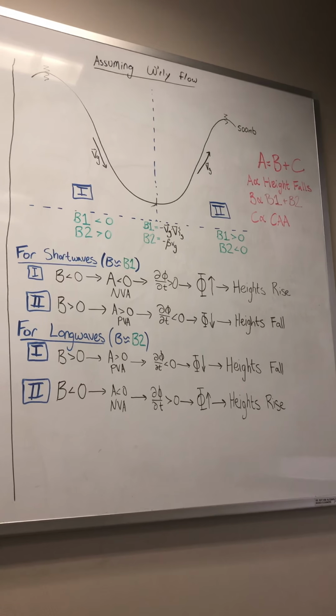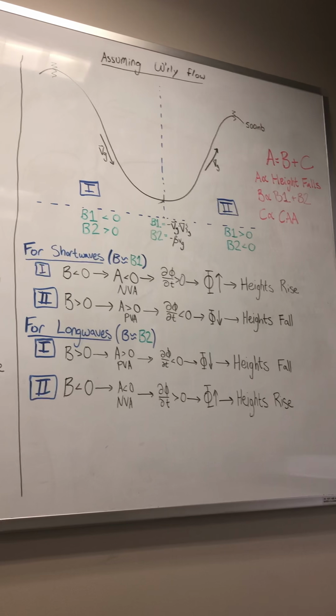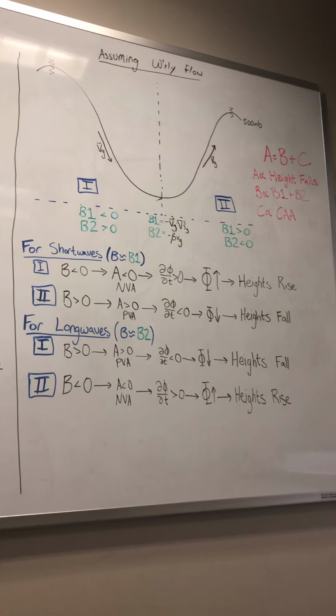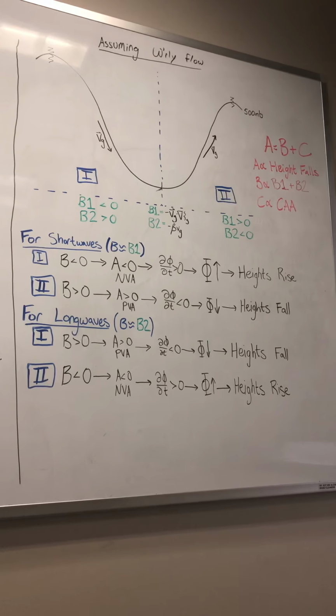Whereas planetary vorticity advection, the B2 term, is positive upstream of the trough and negative downstream. For short waves and long waves, we saw last lesson that B could be approximated as either B1 for short waves, in which relative vorticity dominates, or B2, in which planetary vorticity dominates.